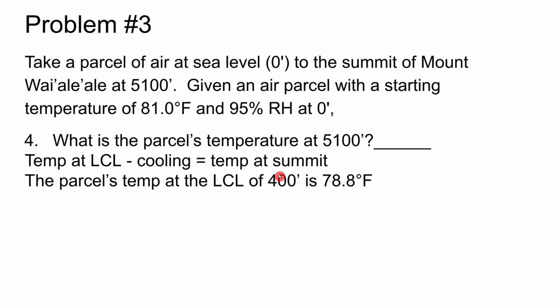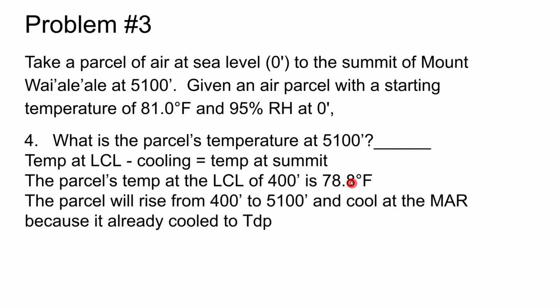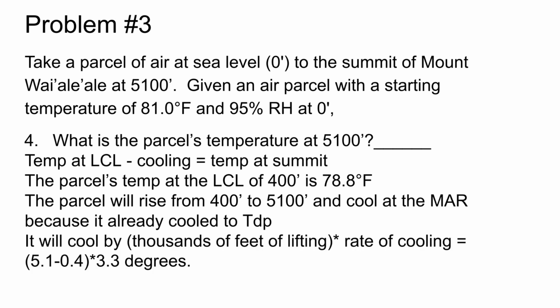The parcel's temperature at the lifting condensation level was 78.8 degrees. That's at 400 feet. Going from 400 to 5,100 feet, it's going to be rising and cooling at the moist rate because it already cooled to the dew point temperature at the LCL. So it's going from 0.4 thousand feet up to 5.1 thousand feet, and it's going to cool by 3.3 degrees per thousand feet.